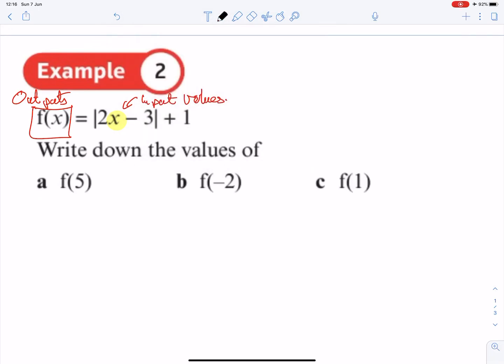Write down the value of f of 5. It's a bit like state, sub, solve.